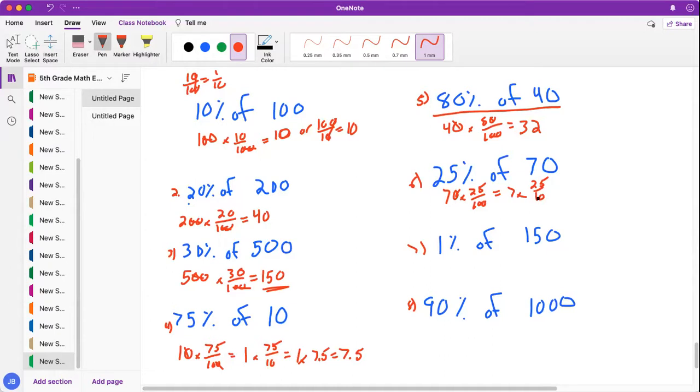So that's your answer, 175 over 10. Got it. And then we divide it, and then it equals 17.5. Perfect. Good job. Let's see. Hanjin, you want to try 1% of 150?